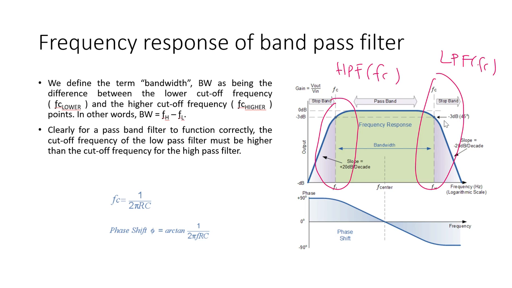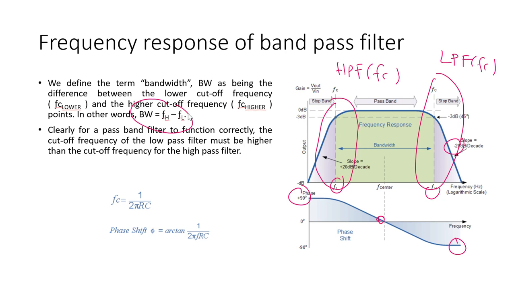So we have two passing and cutting of frequencies, and both will be 20 dB because they are not occurring at the same point, they are occurring at different points. The high pass filter starts from 90 degrees and comes to 0, and the low pass filter starts from 0 and goes to minus 90. So the phase is from plus 90 to minus 90, whereas the magnitude is from FL to FH. FH minus FL is termed as the bandwidth of the filter.